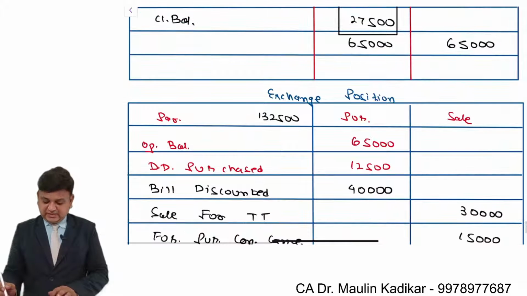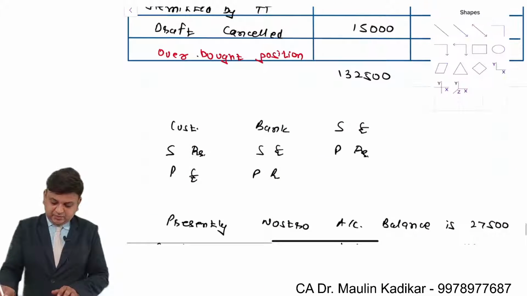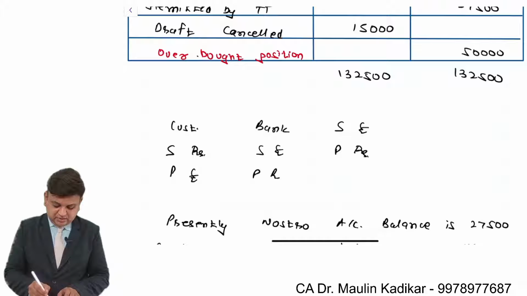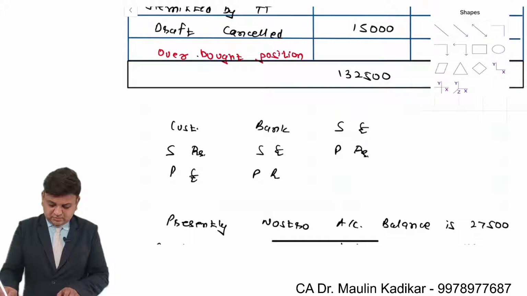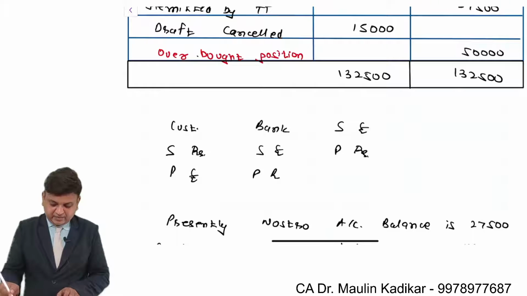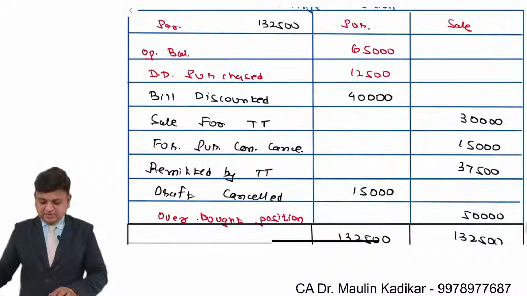This is a credit balance, and overbought position we already have written over here. It is 50,000. Before entering into the following two transactions, this is what we understand.